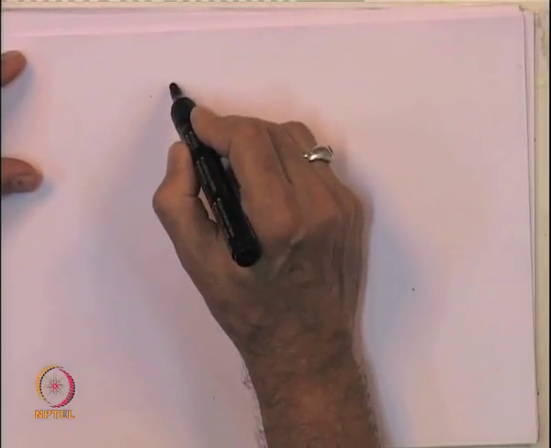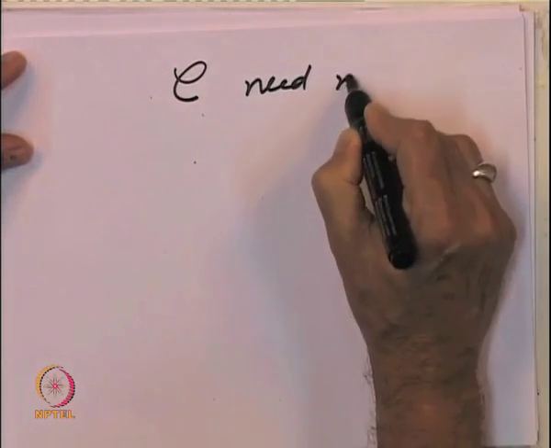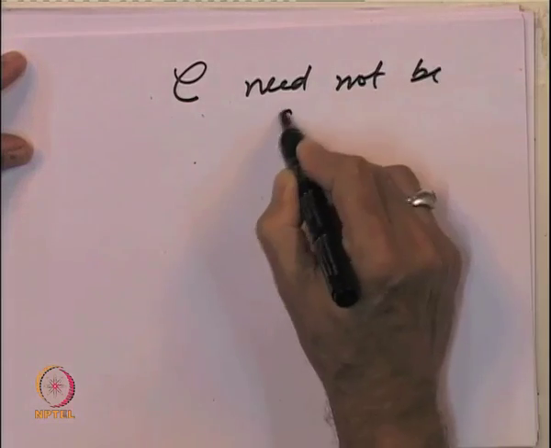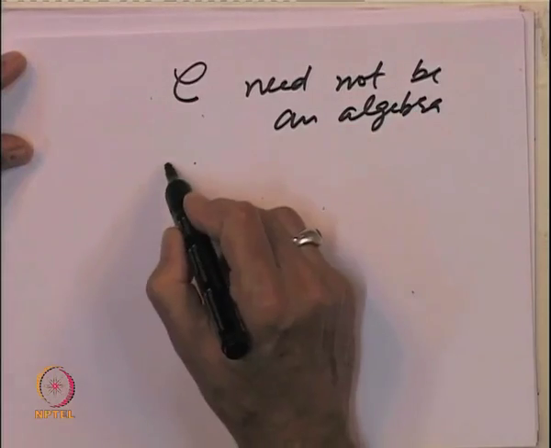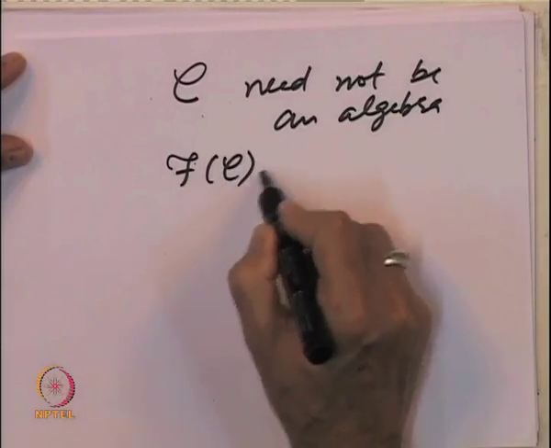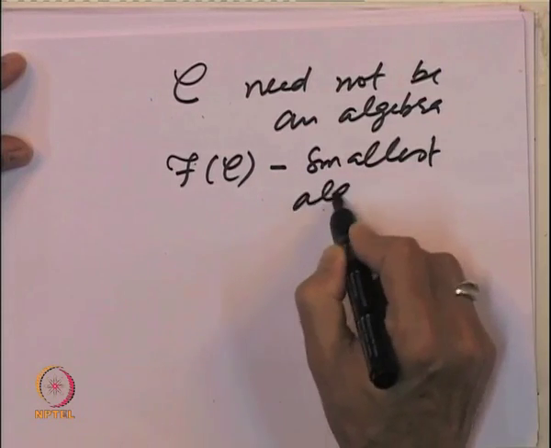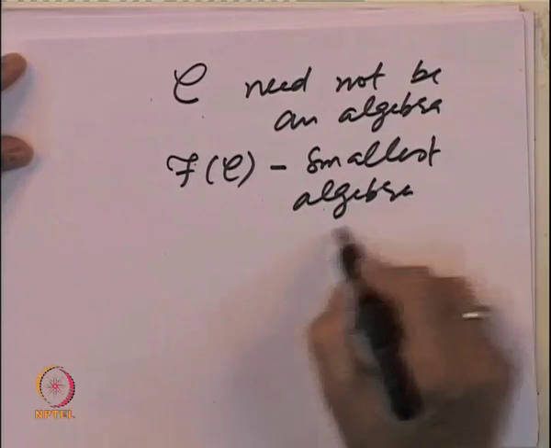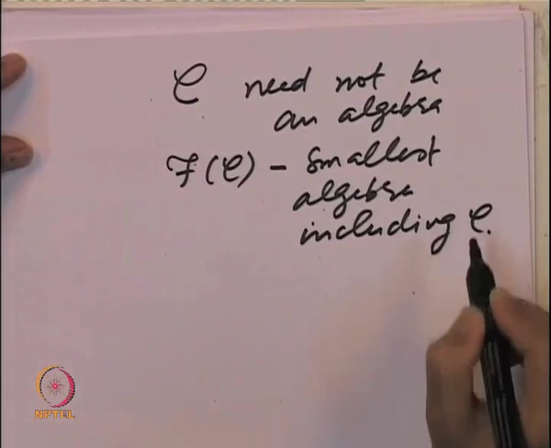For example, we proved one thing, that a class C need not be an algebra, but you can generate an algebra out of it. This is the smallest algebra including the given collection C.